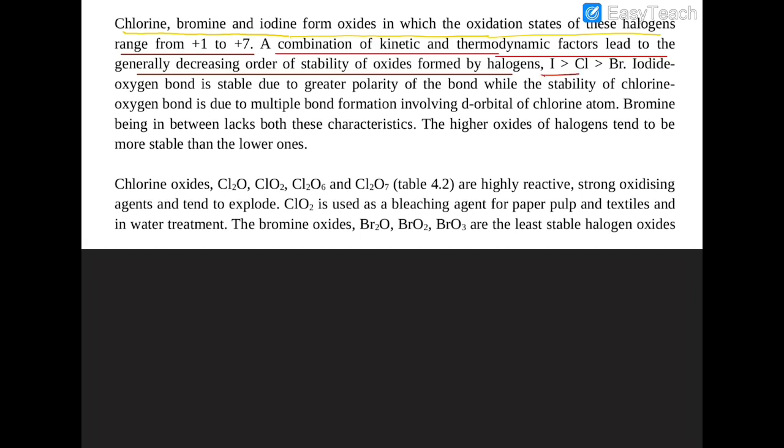So oxides of iodine are more stable than oxides of chlorine, and they are more stable than oxides of bromine. I am repeating once more. Oxides of iodine are more stable than oxides of chlorine, which are more stable than oxides of bromine. So oxides of iodine are most stable and oxides of bromine are least stable.